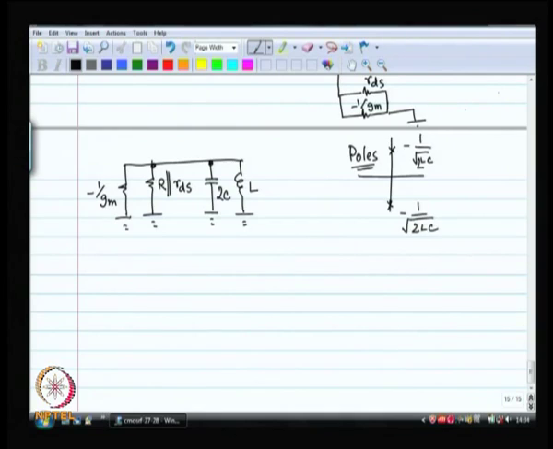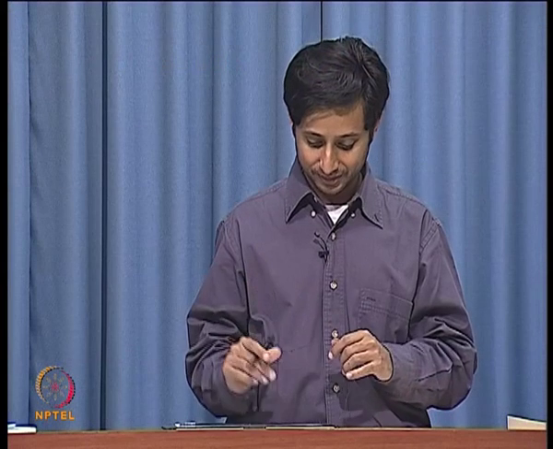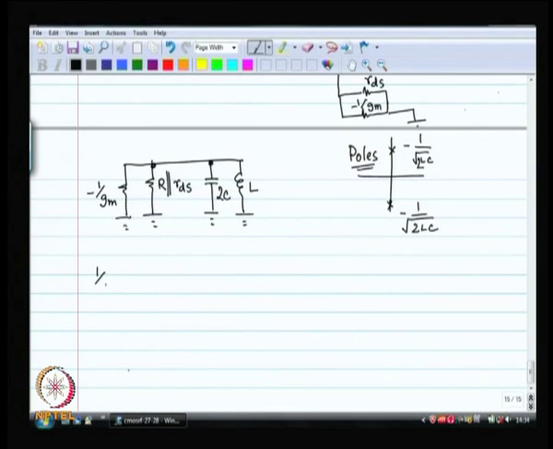What this is not doing, there are two problems with this. Problem 1 is that how do I make minus 1 by Gm equal to R parallel RDS. So, this happens when 1 by Gm is equal to R parallel RDS, right.